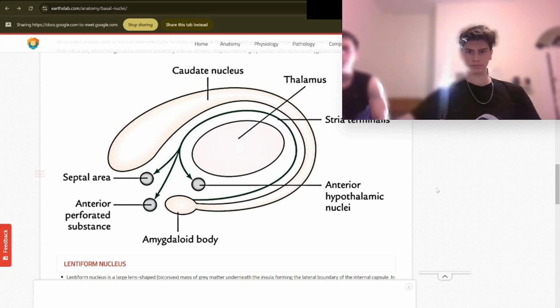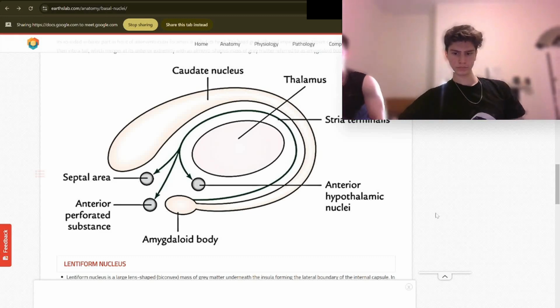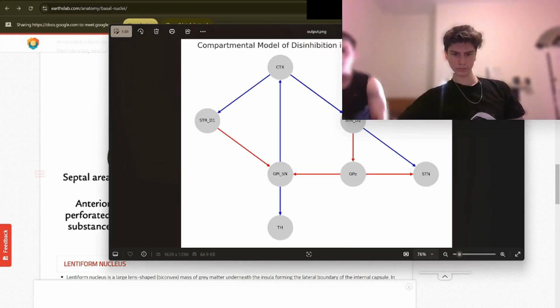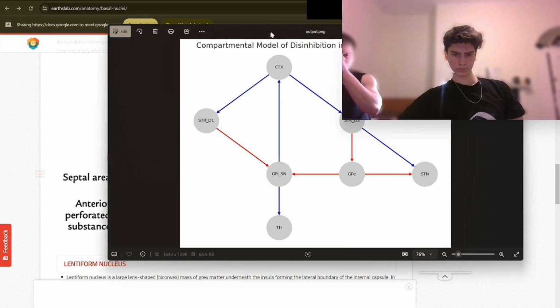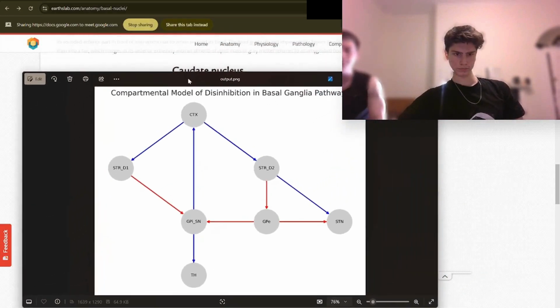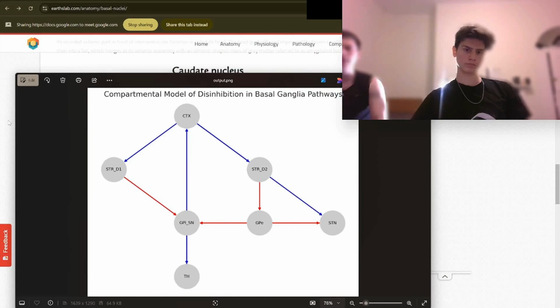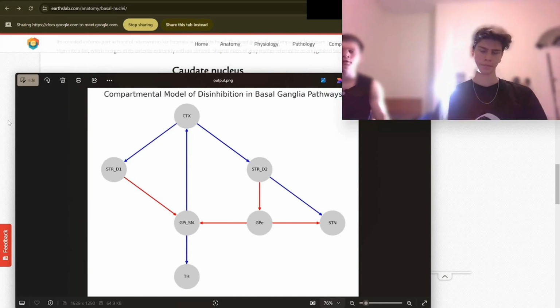The striatum provides GABAergic inhibition of the globus pallidus internus and the substantia nigra reticulata. This is the reticular layer of the substantia nigra, loosely packed with the cell bodies of your dopaminergic neurons, and it will then inhibit the thalamus alongside the globus pallidus internus, which also inhibits the thalamus.